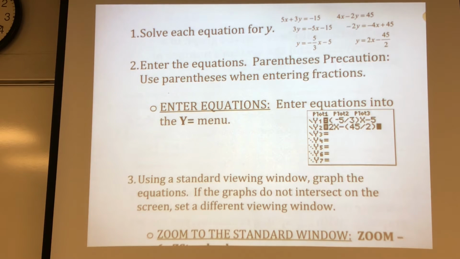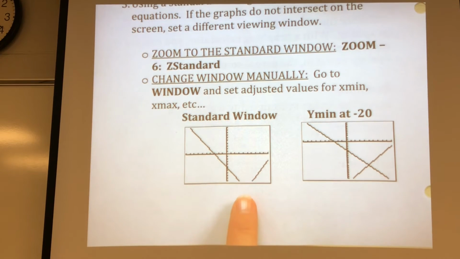And most of your graphs will not intersect on the screen. If your viewing window is a standard 10 by 10, then the graphs down here are what you see. This one on the left doesn't show the intersection on the screen. So we need to change it.